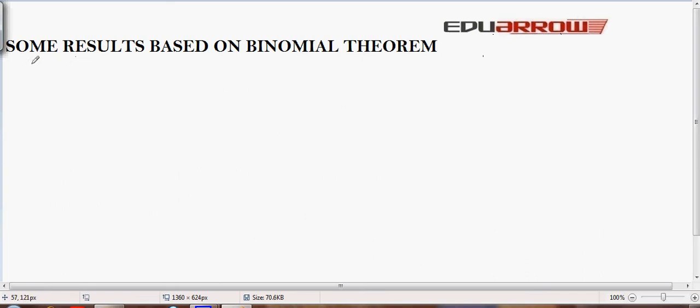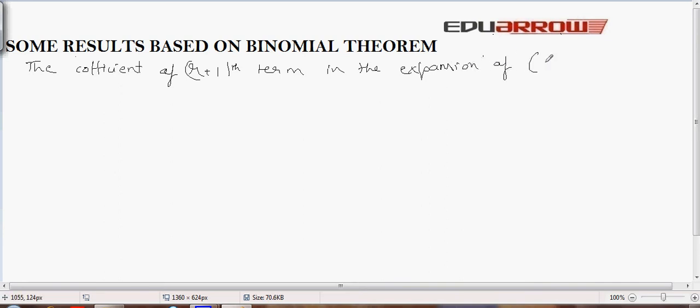The next result says that the coefficient of the (r + 1)th term in the expansion of (1 + x)^n will be equal to nCr.